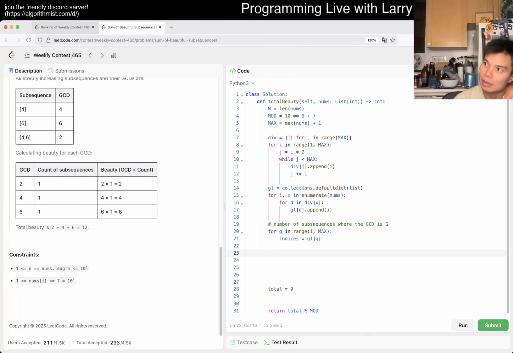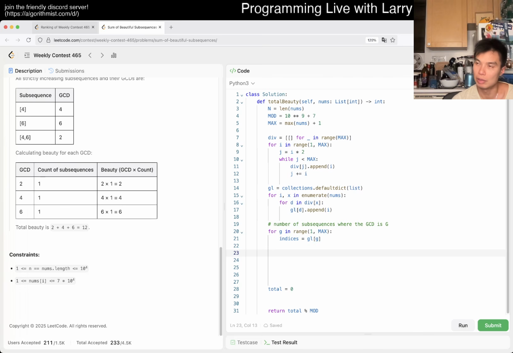So with all these indexes where they do have this thing, maybe I don't understand this part. I mean, this was the part that I actually did struggle with, the DP part. Number of subsequences where GCD is G. We have these indexes in order, right?